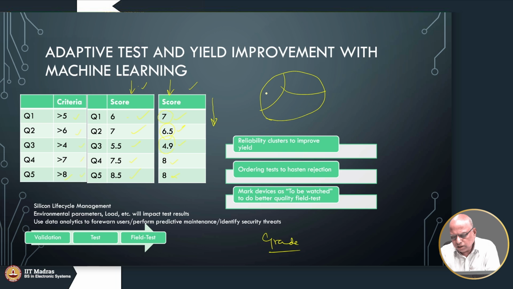There may be one market where reliability is very important, another where quality is very important, and another where cost is most important, and things like that. So by looking at all these scores, can you create reliability clusters, clusters for quality, and so on?